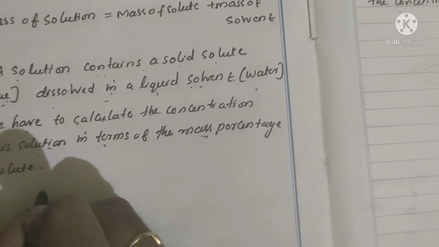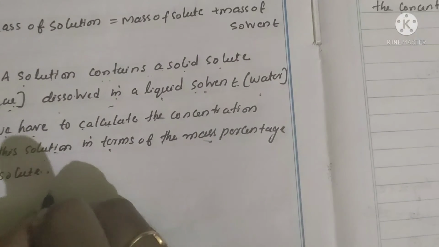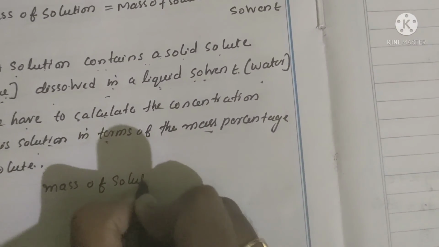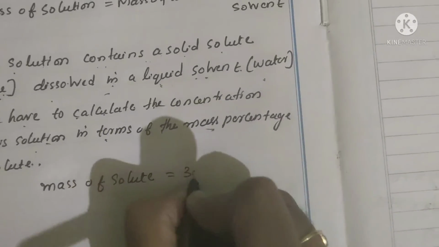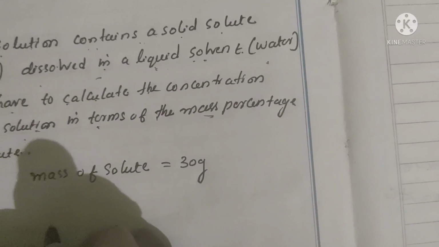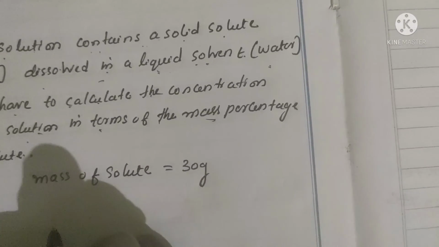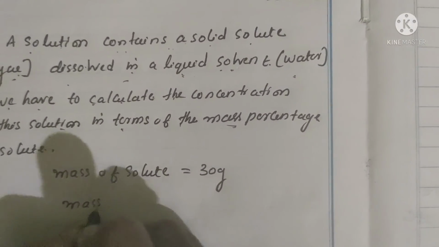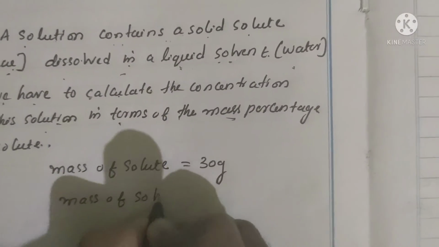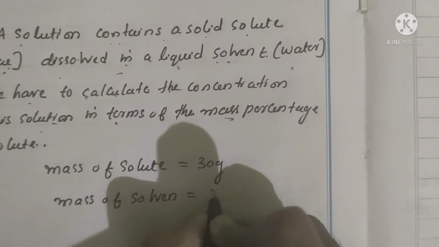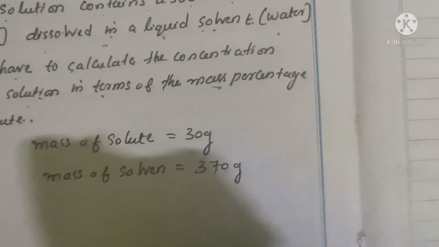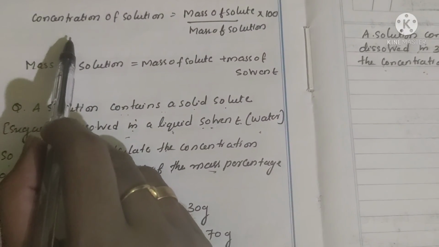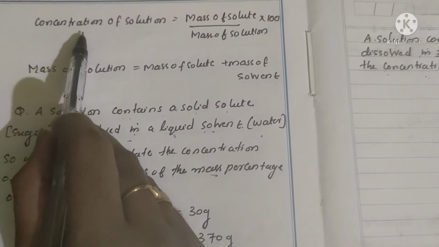Here in the question, the mass of solute is given, that is equal to 30 gram. Then the mass of water, that is the mass of solvent, is given, which is equal to 370 gram. So we have to calculate the concentration of the solution in terms of mass percentage.